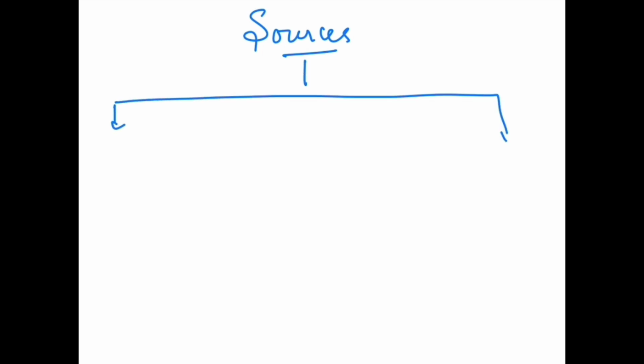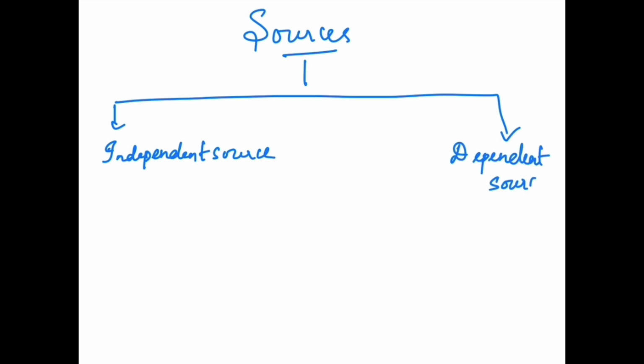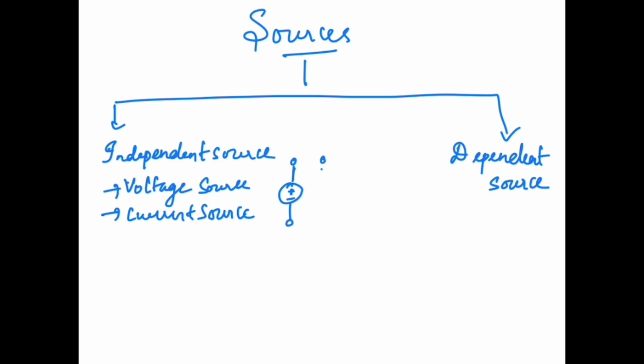Now, next we have the sources. Sources can be classified into two types, that is independent sources and dependent sources. Independent sources can be given from a battery, that is a voltage source, or a current source, that is plus minus, or we can say it as an ampere.